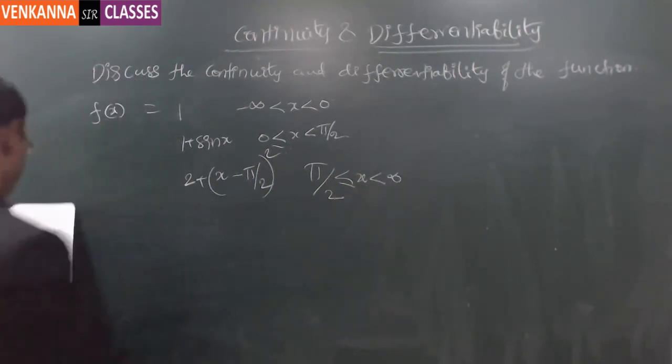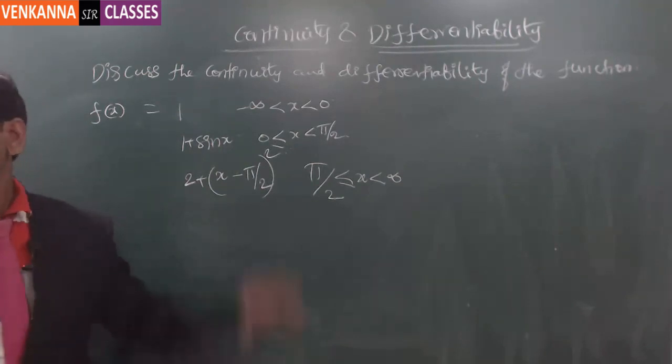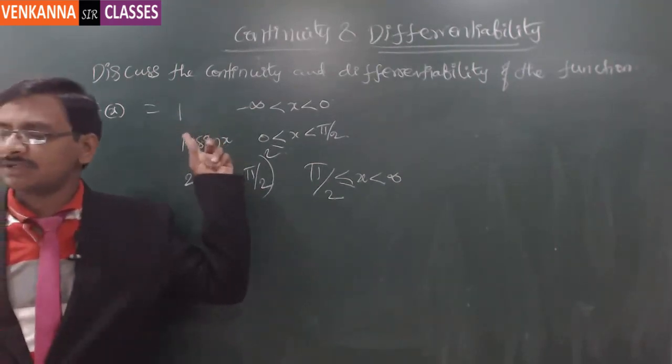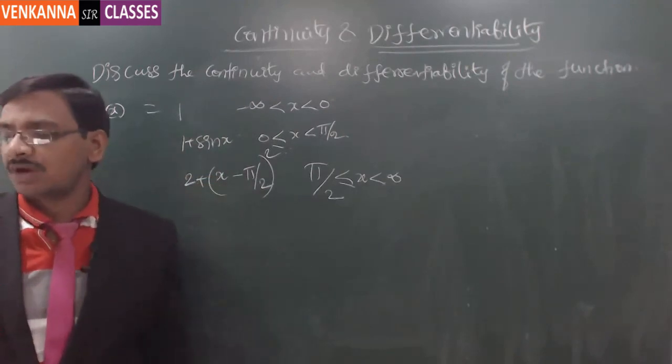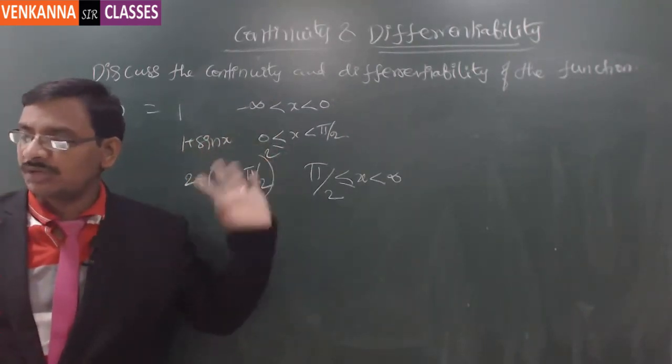So this is the function. Now we are asked to discuss the continuity and differentiability of this particular function. Actually, no particular point is asked, so we need to identify the points and then test them. If you notice, this particular function is a constant function from minus infinity to 0, so without lifting the pen you will be able to draw it.